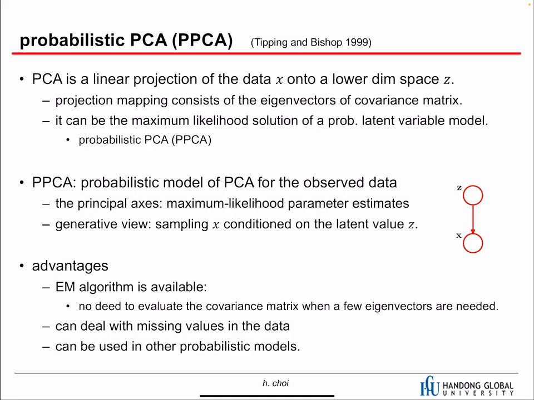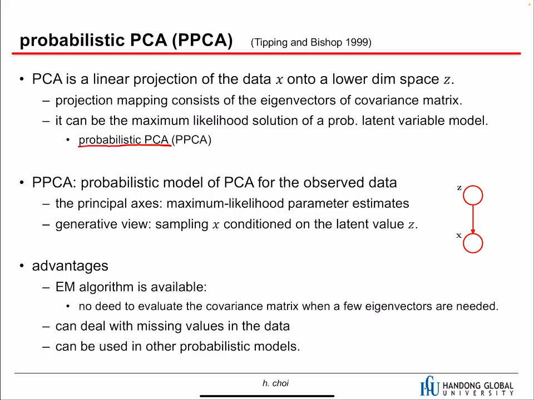And this PCA can be reformulated as a probabilistic model. Then this probabilistic model can be solved based on the maximum likelihood. So if we understand PCA as a probabilistic model, then we can make a probabilistic PCA. Probabilistic PCA is a probabilistic version of PCA, but it's slightly different from PCA.